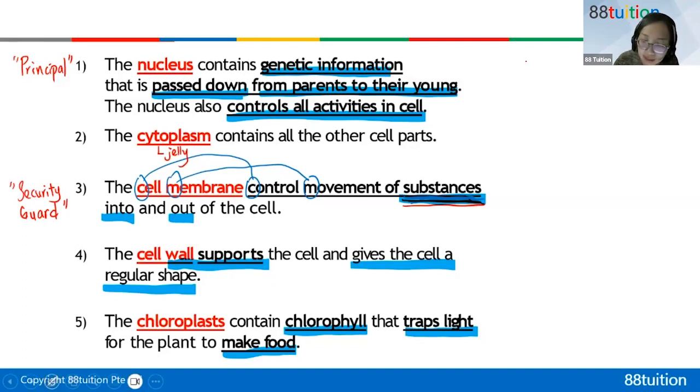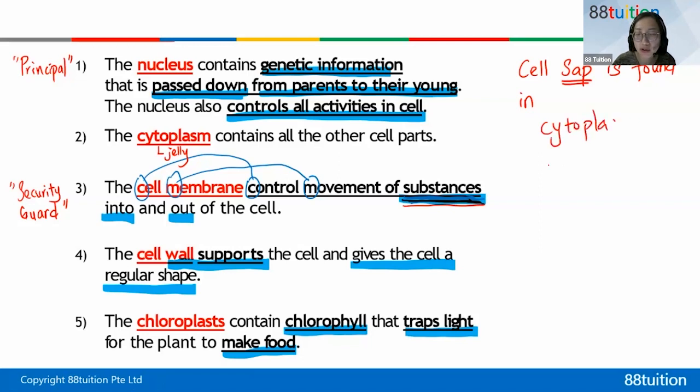Okay, now let me ask everyone, cell sap, okay, is found where? Can you all type into the chat, is found where? Is it number one, is it found in cytoplasm or found in vacuole? That means I give you 2 choices, cytoplasm or vacuole. Can you all type your answer into the chat? Where do I find cell sap?